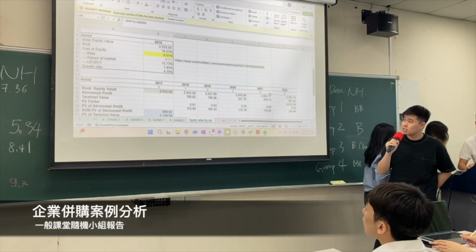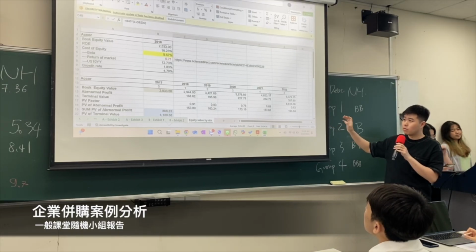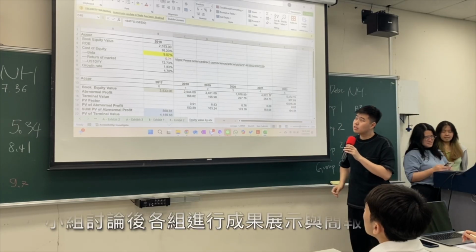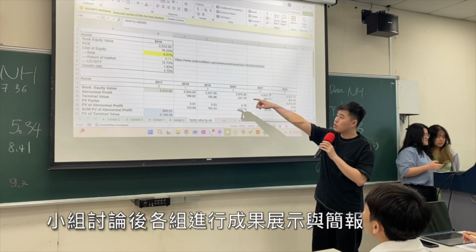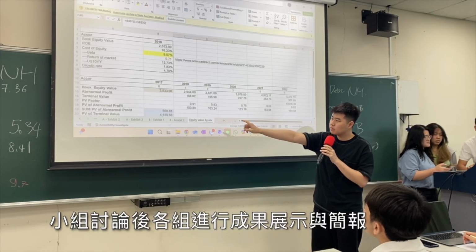We are group one, and this is what we calculated. We applied the abnormal profit model to calculate the equity value, and for the book equity value, we take it from Exhibit 2.